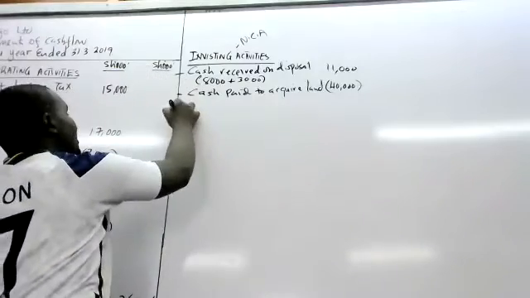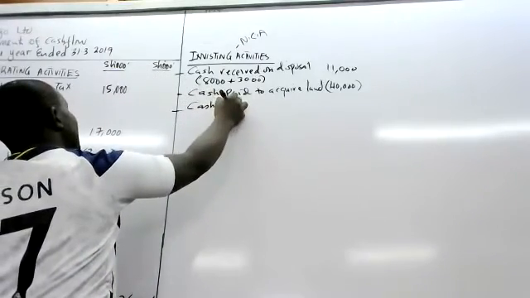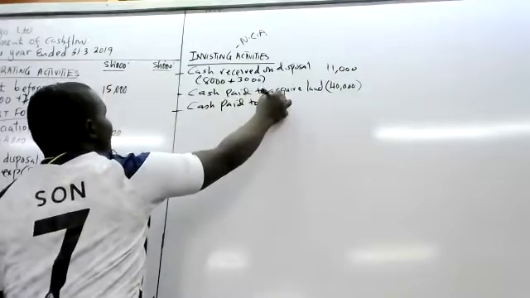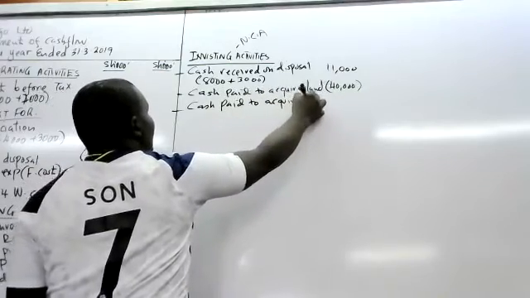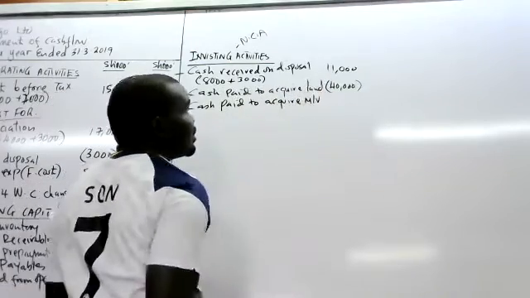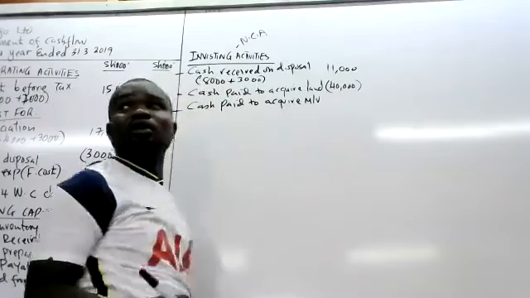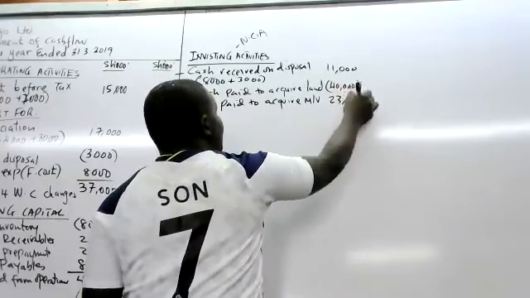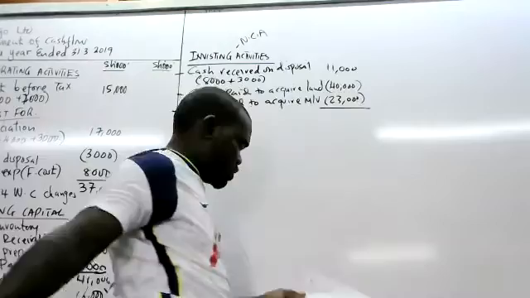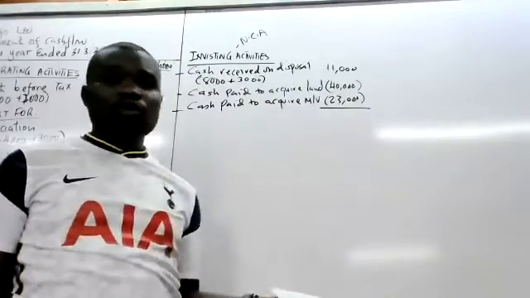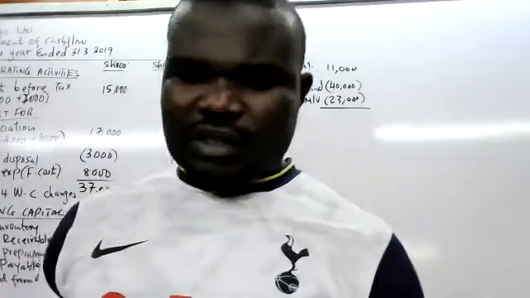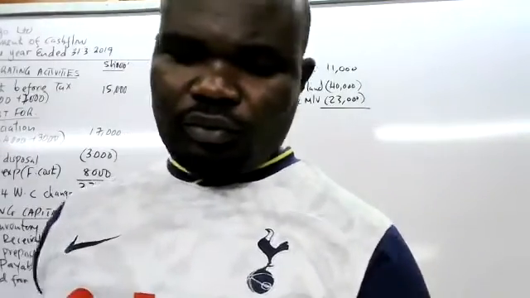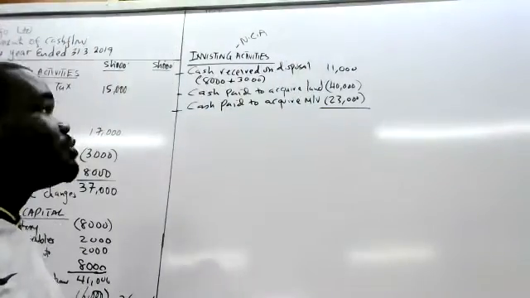So cash paid to acquire motor vehicle. It was how much? 23. That is also cash out. It is all about non-current assets. So give me the answer, then we call it B.